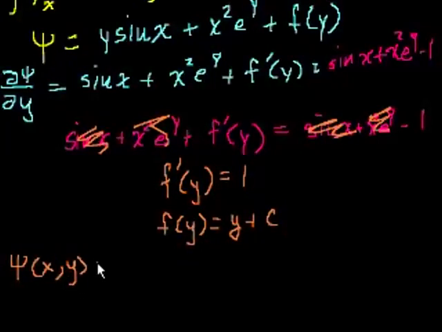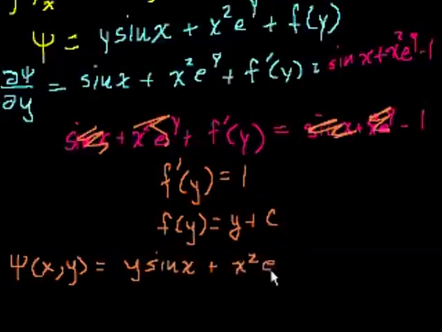Xi as a function of x and y is equal to y sine of x plus x squared e to the y plus y. Oh, sorry, this is f prime of y minus 1, so this is a minus y plus c. So we've solved for xi.